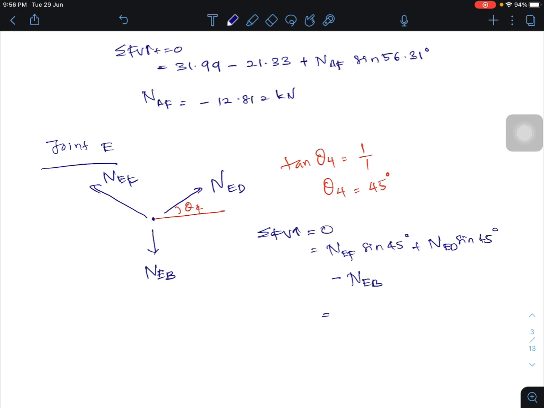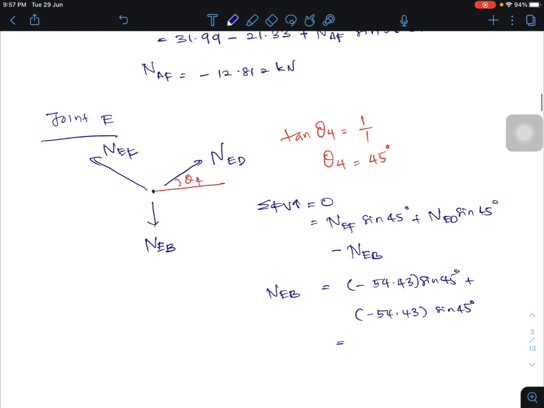So NEF is negative 54.43 sine 45, plus negative 54.43 sine 45 degree. So NEB becomes negative 76.976 kilonewton.